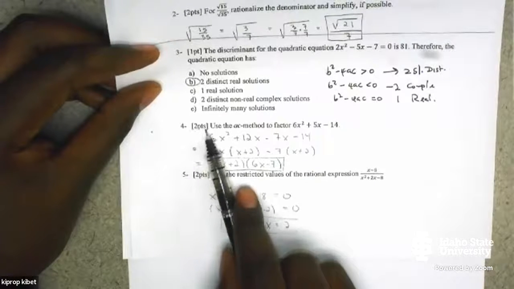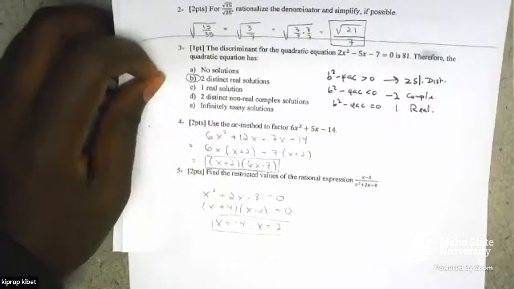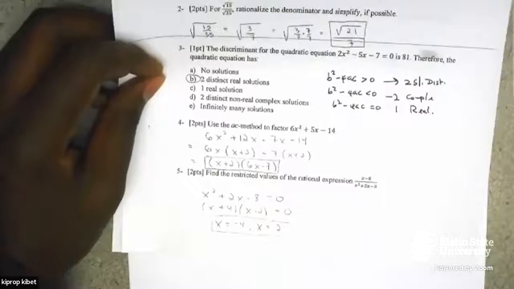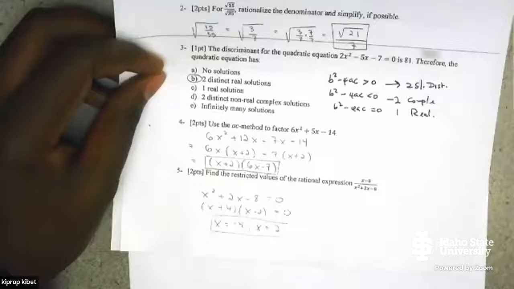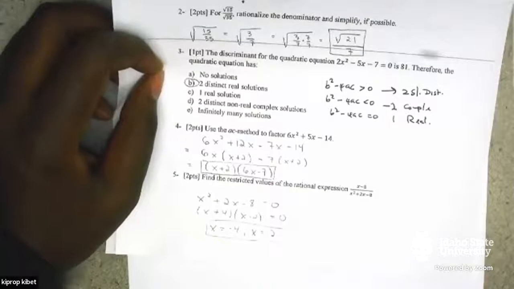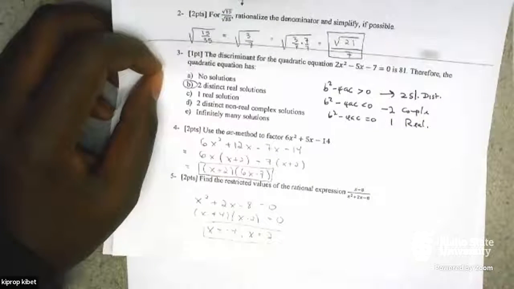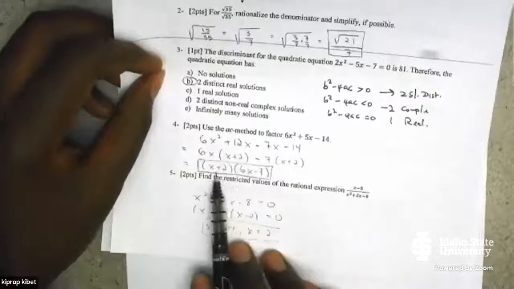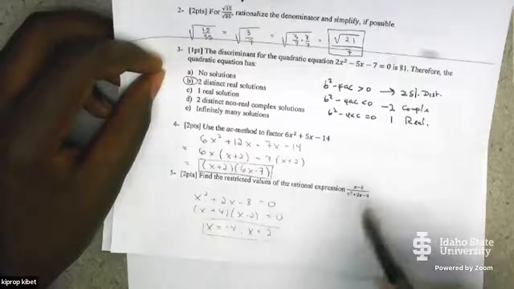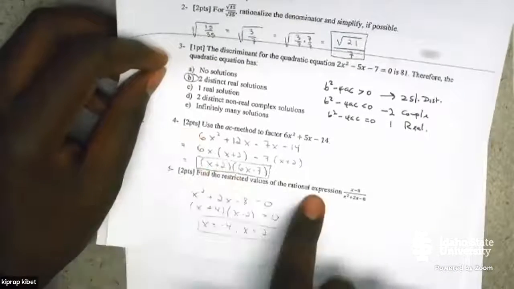Another thing is most of the questions which are 2 points in your final exam, we just grade the answer. If you don't get the correct answer, there is no partial credit. You get a 0. If you don't get this x minus 2, 6x minus 5, then that becomes what? For 2 points, you must get the correct answer.